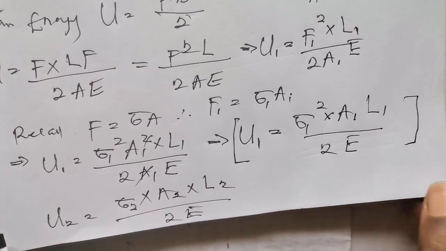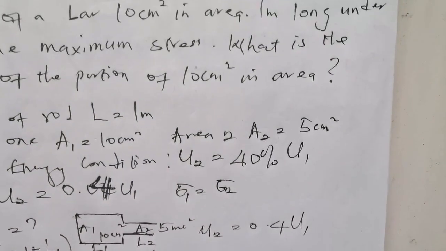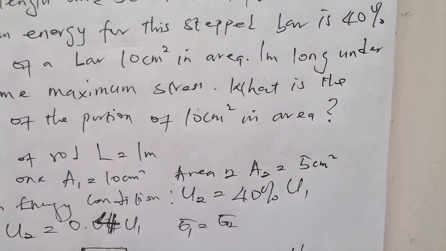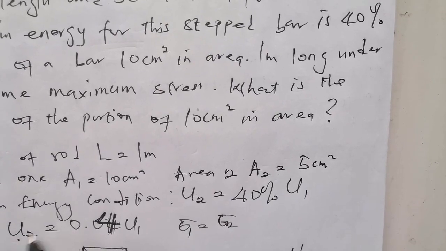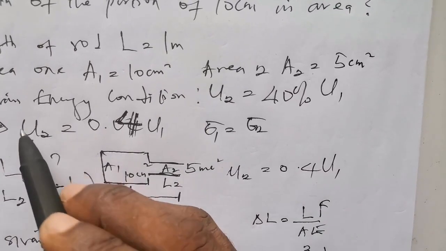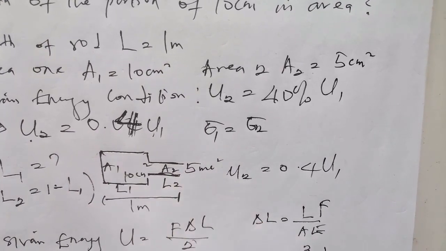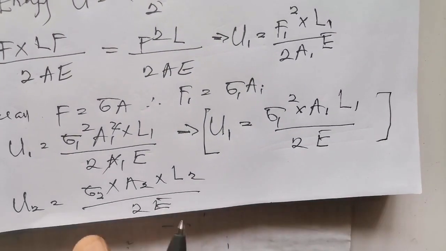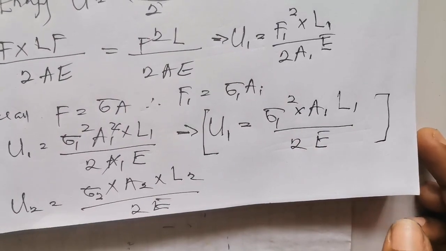Okay, so I'm flipping over now, but before flipping over, not forgetting, it was stated that the strain energy in the second bar is 0.4 times the strain energy in the first bar. So keeping all of this in mind, keeping these formulas in mind, let's flip over now and start our calculation.